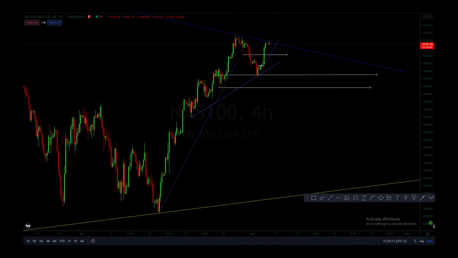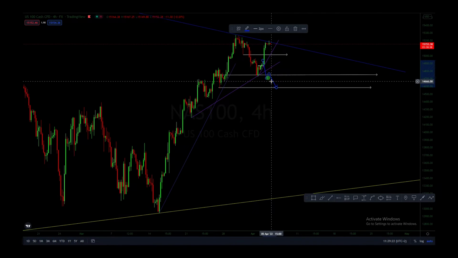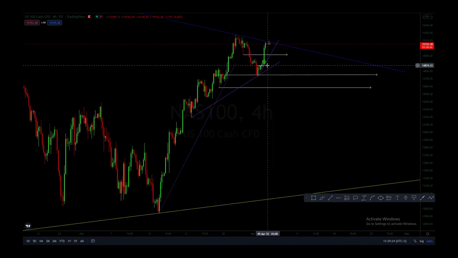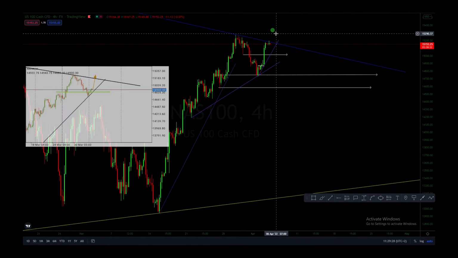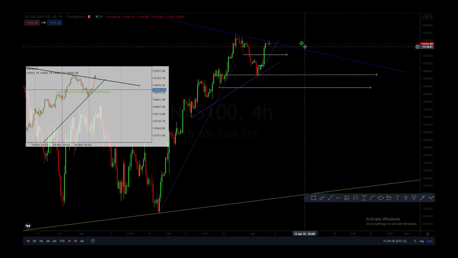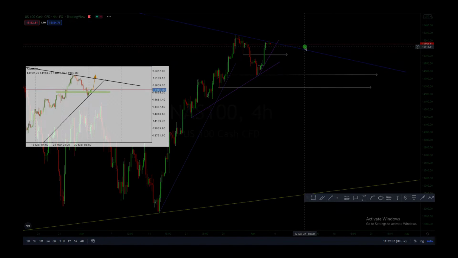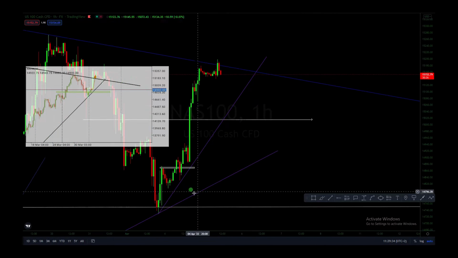If we were to break this trend line yesterday and close below it, I'd then look for sales, but that didn't happen. So scenario number 2 was the market will push up to this area, reject it as it is doing now, and then we'll look for sales at New York session.